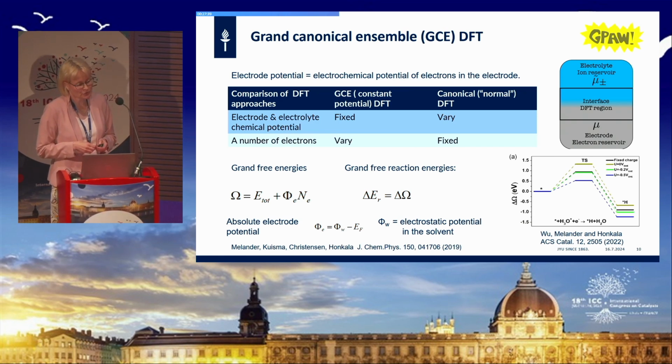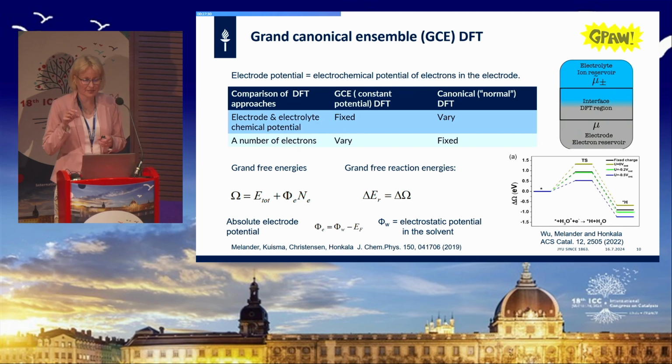And the absolute electrode potential, mu E, is the Fermi energy referenced to the electrostatic potential in the solvent. That's the typical approach to do grand canonical DFT calculations. And that's also what we have done in the examples I show later.